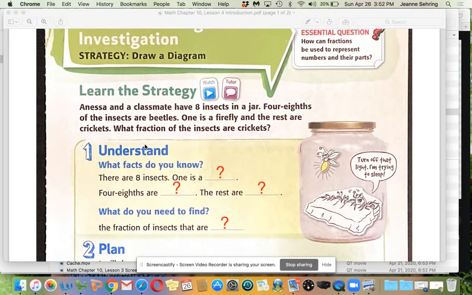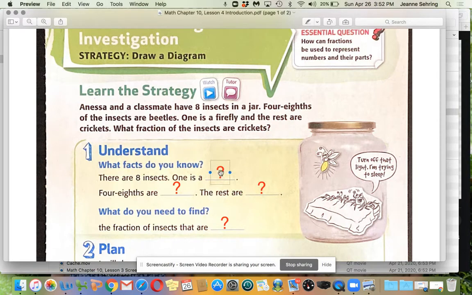Okay, so here's what do we know? We know there are 8 insects. We know that 1 is a firefly. We know that 4/8 are beetles.